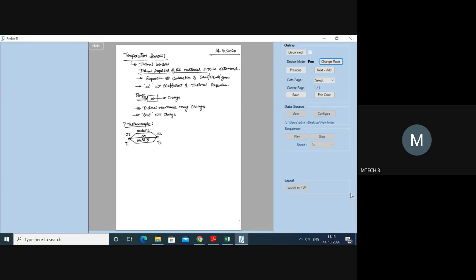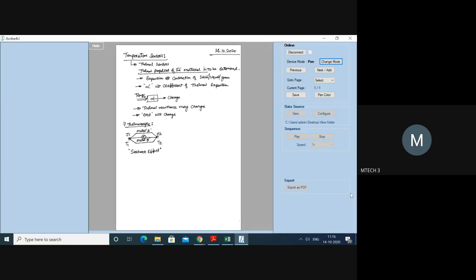Then in between them the electromotive force is generated. EMF is nothing but voltage, or potential difference; it is one and the same. Voltage is generated, which is the basic principle of the thermocouple. This effect is called the Seebeck effect.